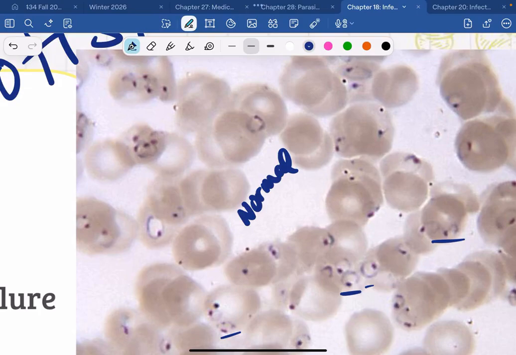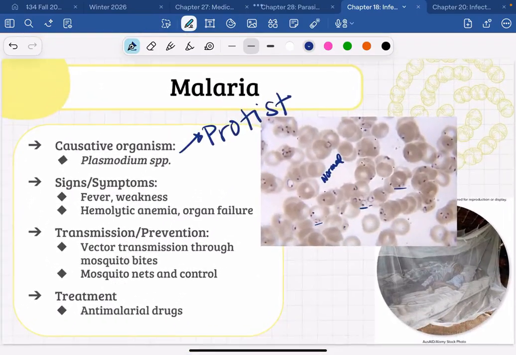So it grows inside of those red blood cells, and eventually the red blood cell will burst. Well, a person who is infected with malaria, eventually enough of their red blood cells will burst open that they will have anemia, which means that they don't have enough red blood cells. Okay, we call it a hemolytic anemia because the red blood cells are bursting. Hemo means blood, lytic means bursting open, so hemolytic anemia.